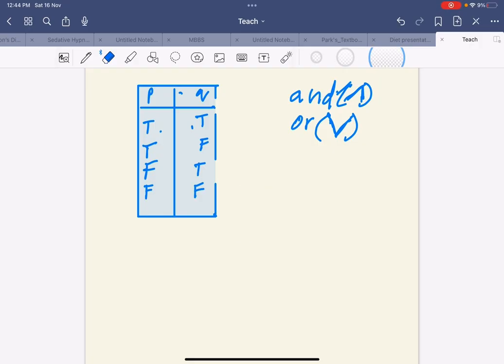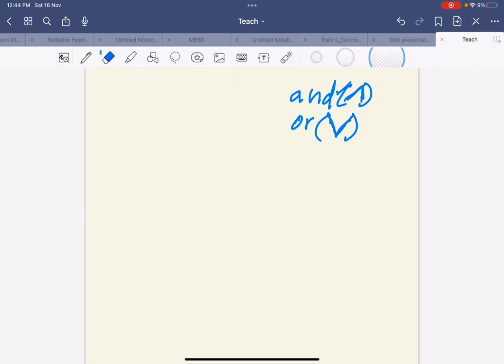Next step, we have to do negation. I think we have already done negation, but let me do it again. P and Q, true, false, not P and Q, P and negation.